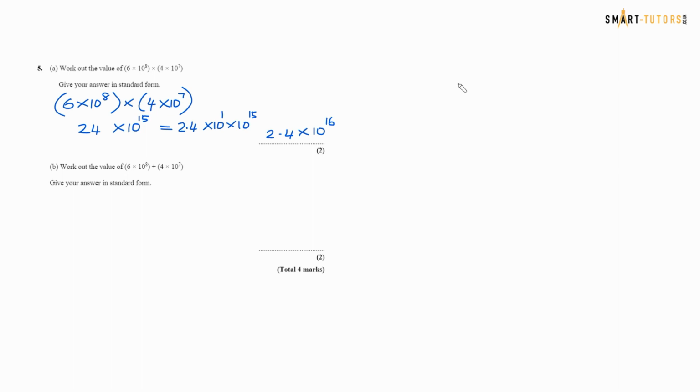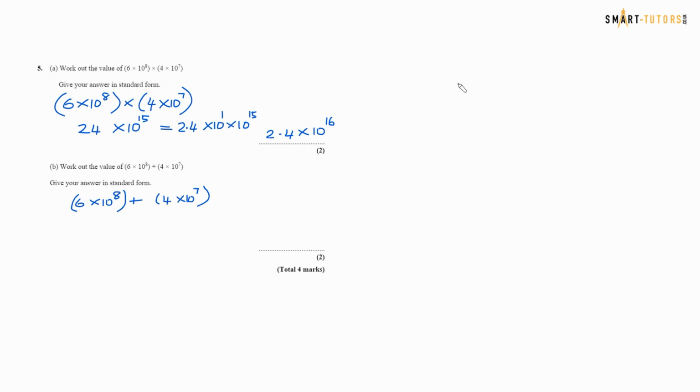Next part, work out the value of 6 times 10 to the power 8 plus 4 times 10 to the power 7. So the way to do it is addition. You can't apply the power rule to multiply, it's addition.